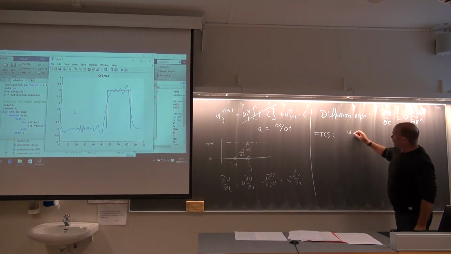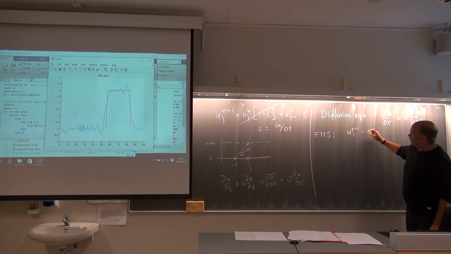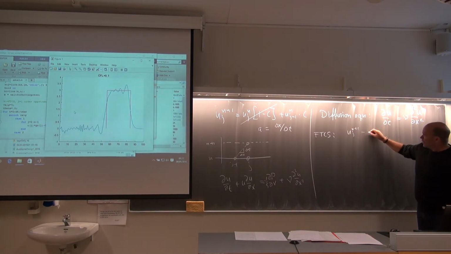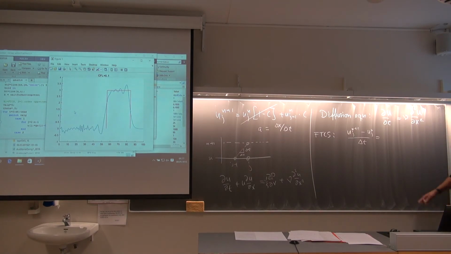Then we should have more or less the same recipe as for the advection equation, at least for the time derivative. And then on the other side, what do we get? Viscosity, and then a double derivative. What's a double derivative? Central space. Well, you use u_{j+1} minus 2 times the center point plus u_{j-1}, at n, divided by delta x squared.